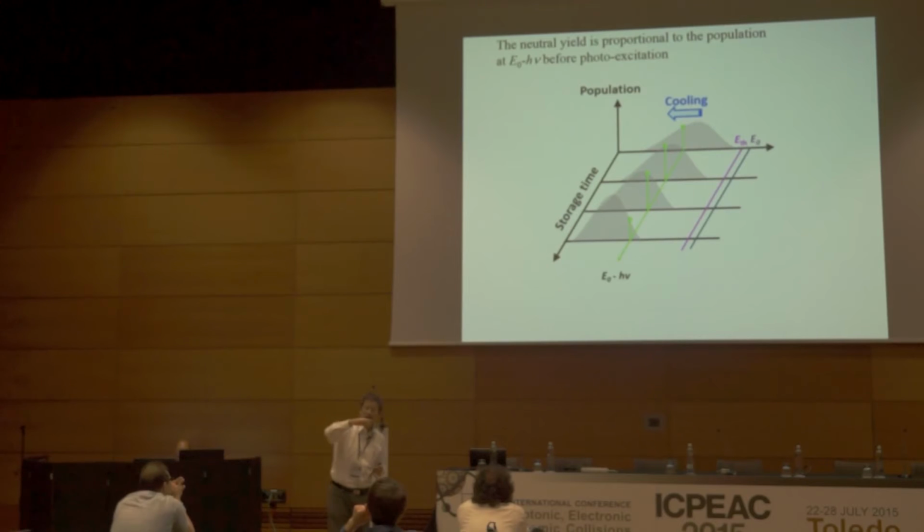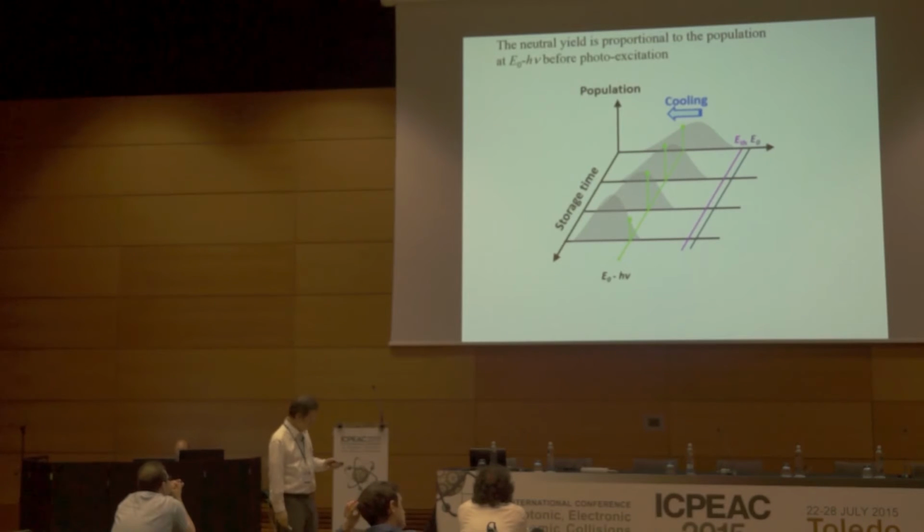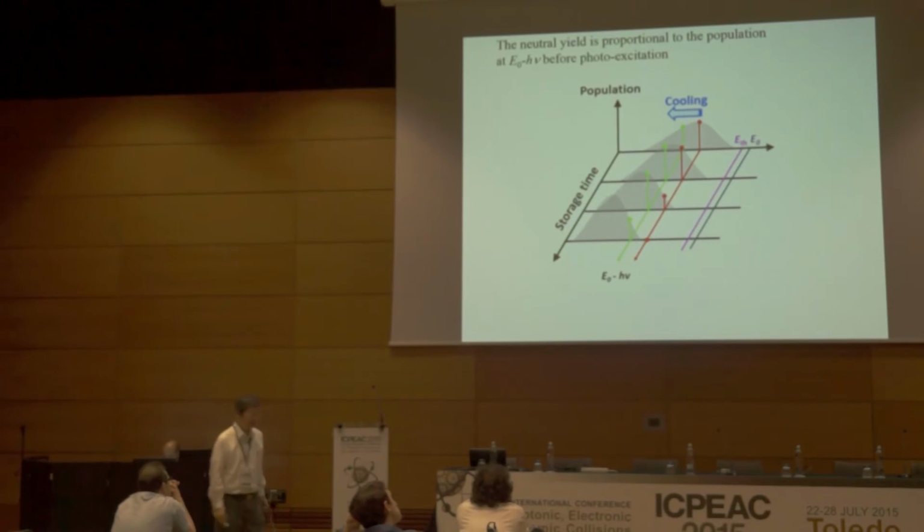So we can see an increase of the neutral yield signal and then a decrease. If we use the red light, here is the peak and then it simply goes down.